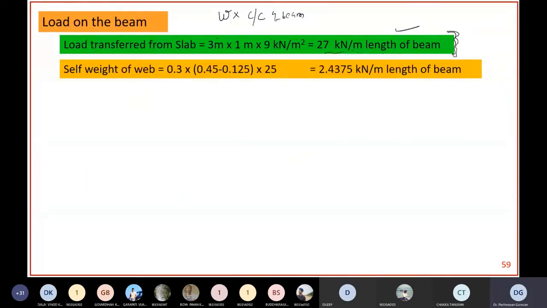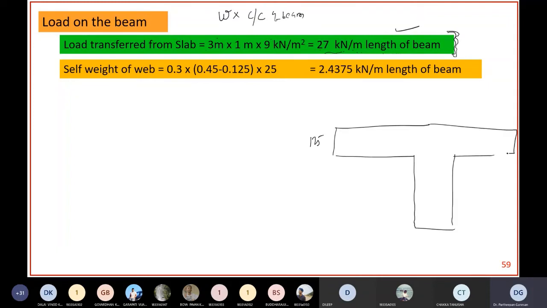So the self weight of the web portion. Web portion is, see here, this is 125, this is the 125 slab. Together the overall depth is 450, I think. This slab we already accounted for.